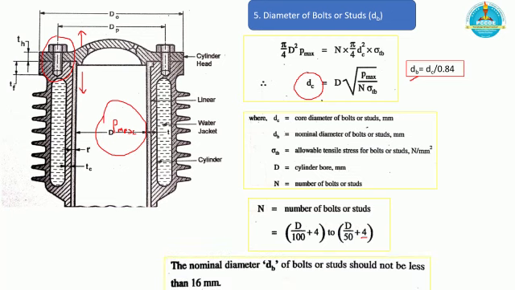Once you get the range, you will select the number of bolts, which should be in multiples of 4. And finally, the nominal diameter of the bolt should not be less than 16 mm. So 16 mm is the cutoff range for the nominal diameter of the bolt, and it has to be assumed more than that. Those who are designing, this should be considered as a major factor.